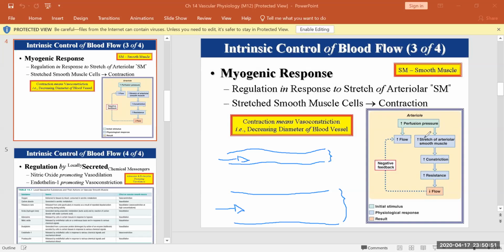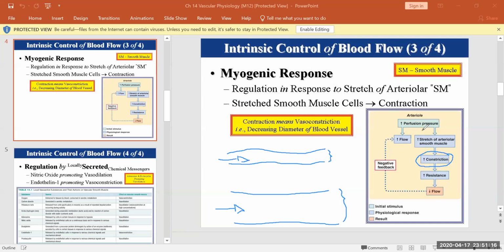right? So stretch of arterial smooth muscle here, your blood vessel will be stretched out. They will respond by constricting, right? Whenever the pressure that pushes blood through a blood vessel increases, it tends to expand the wall of the blood vessel. And when that happens, that wall is not passive.